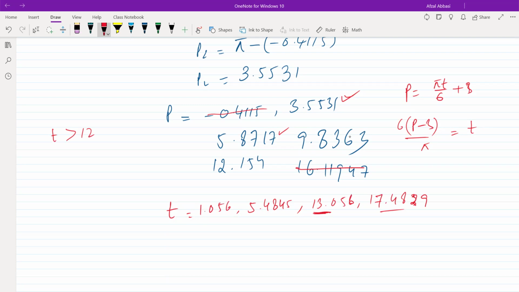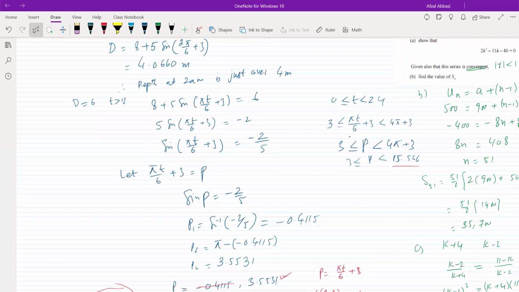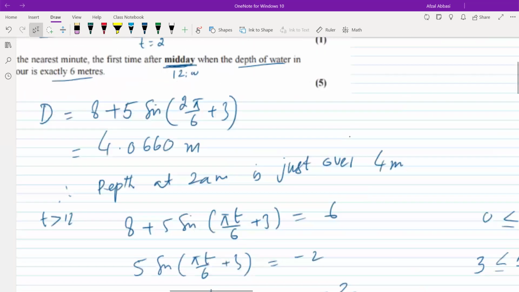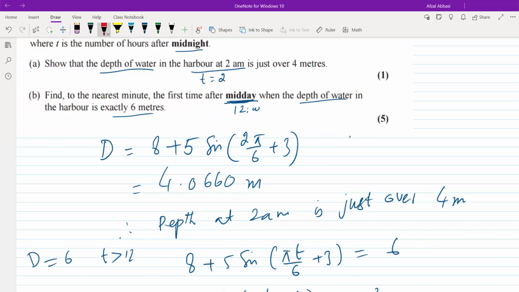So it means the water level will be at 6 meters at these times, all these times. But we have to look for that time which is immediately after midday. So which is this one. So what we are asked to write is the time of the day, to the nearest minute, first time after midday.